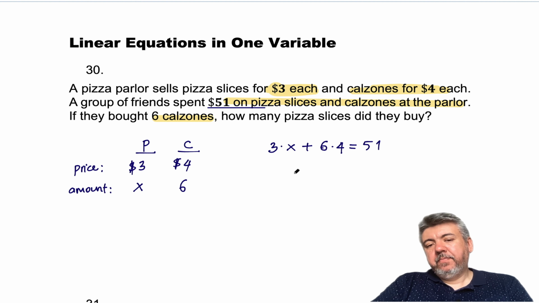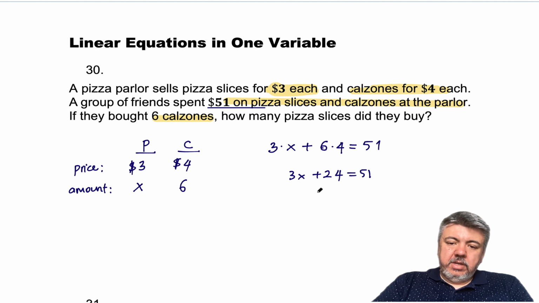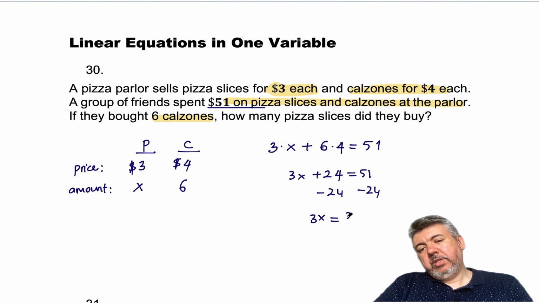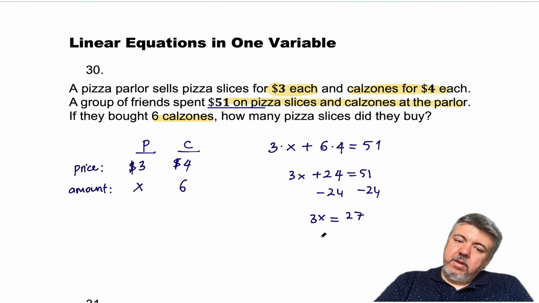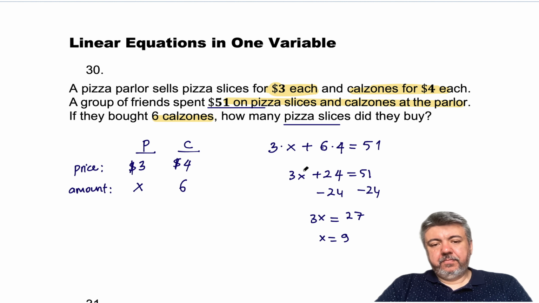That's my equation: 3x plus 24 is 51. Take away 24. 3x is 27, so x is 9. So 9 pizza slices they bought.